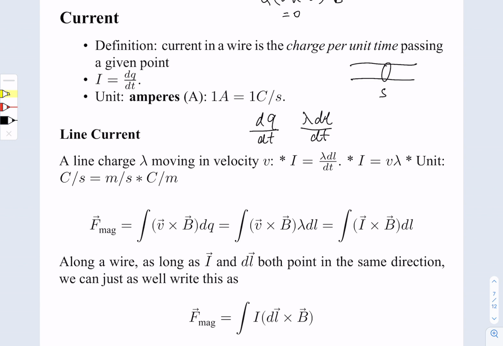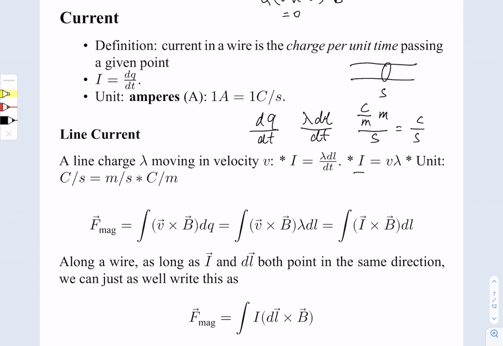You can check that the dimension of this quantity makes sense, because lambda is the charge per unit length, so the unit is coulomb per meter, and then you multiply by meters and divide by seconds, so you still get coulomb per second.